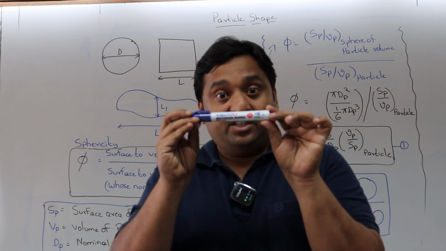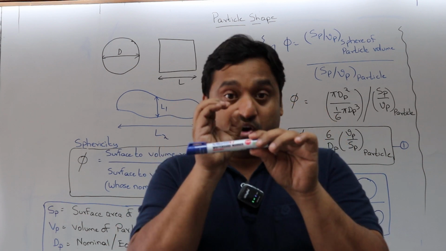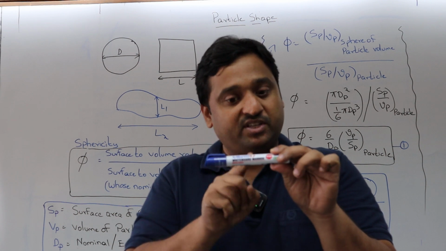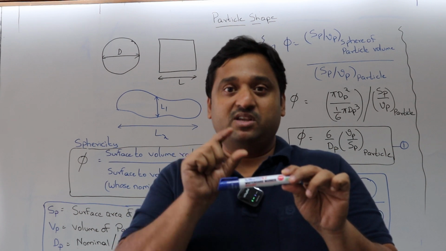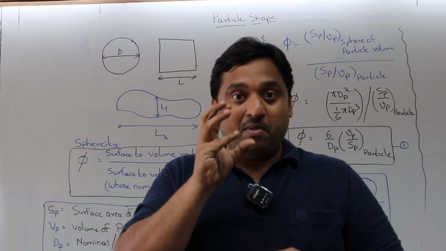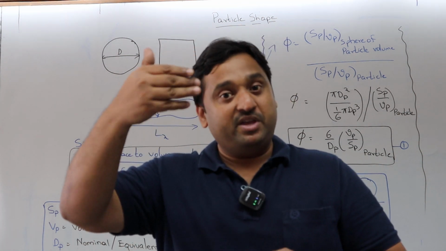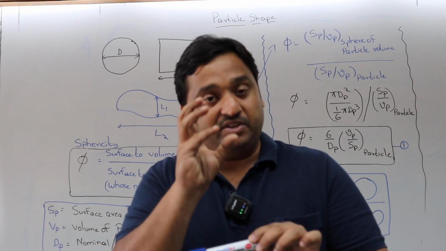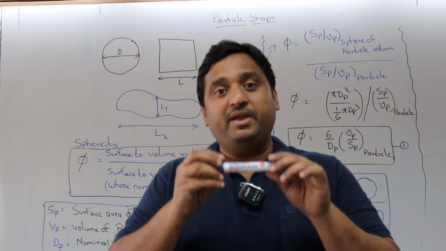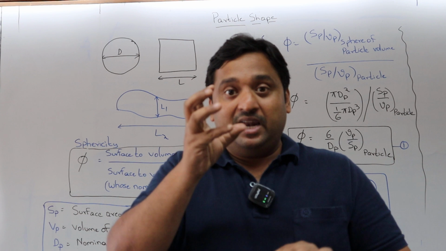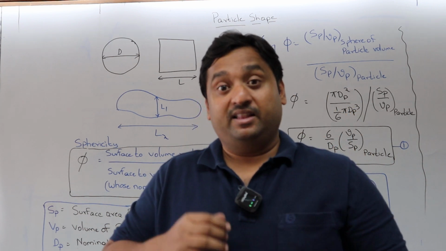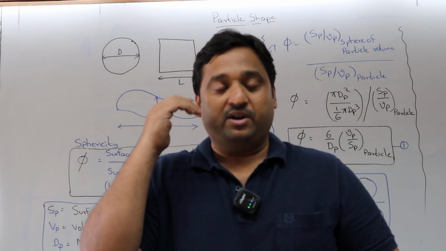If the marker were round, then its sphericity would be 1, because when you compare the round marker with a ball, the ratio is 1. That means the more spherical the particle, the closer the sphericity is to 1.